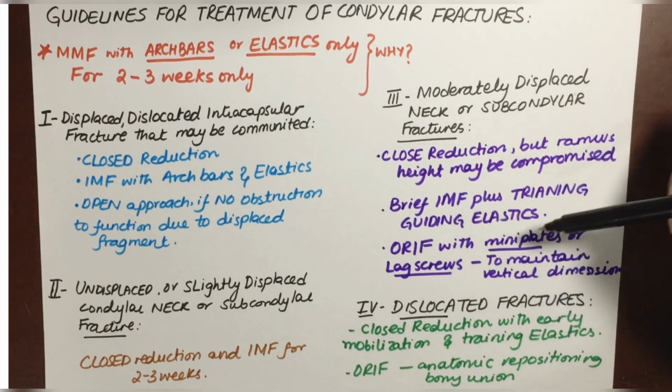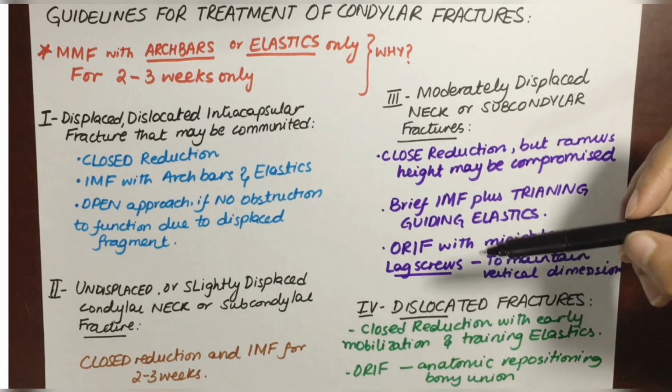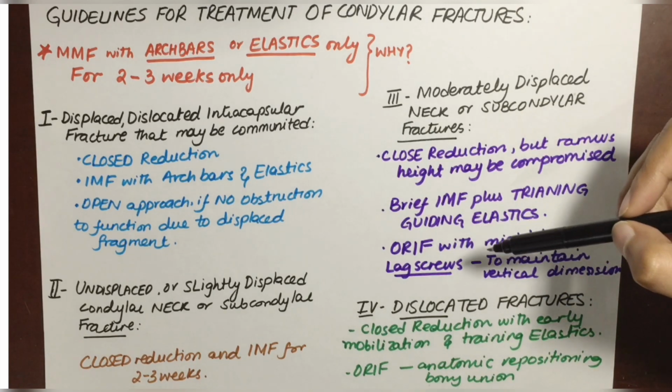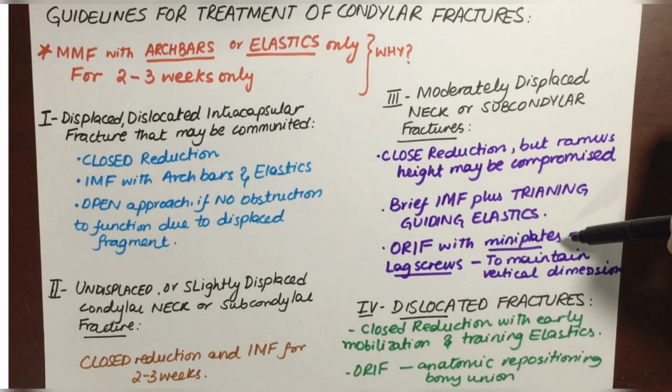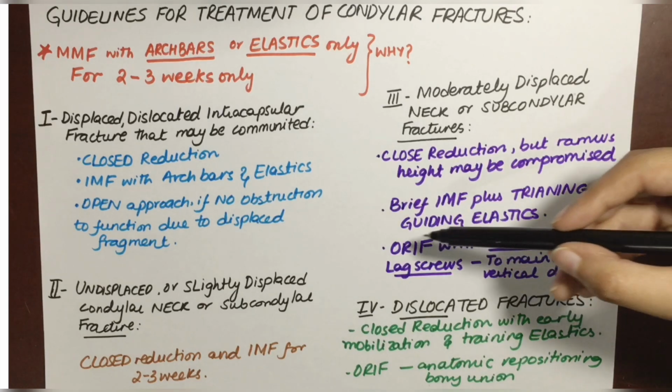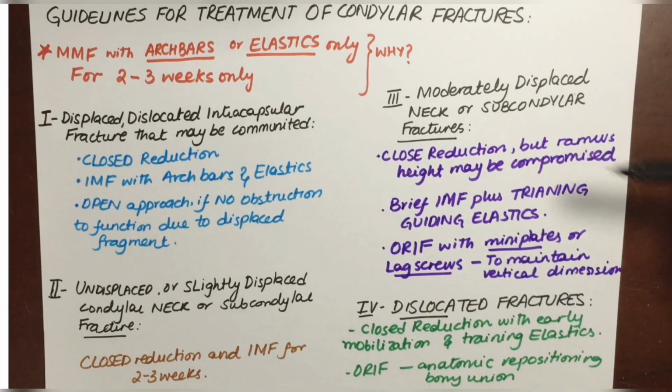Brief IMF plus training guiding elastics can be used, and open reduction and internal fixation can be performed using mini plates and lag screws. Open reduction is performed so that vertical dimension and ramus height can be maintained. Now, if this fracture is dislocated, then closed reduction with early mobilization and training elastics is an option, and open reduction can also be performed, which ensures anatomic repositioning and bony union.